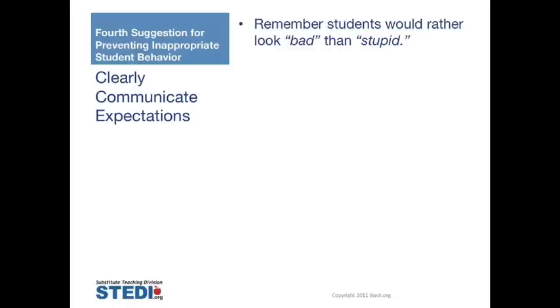When you set clear expectations and recognize students who meet those expectations, we're increasing the likelihood that a student will behave well. Now, when referring to expectations, I'm referring to two different types of expectations. First, expectations such as class rules. You should always follow the expectations of the permanent teacher, and these should be set at the start of class.